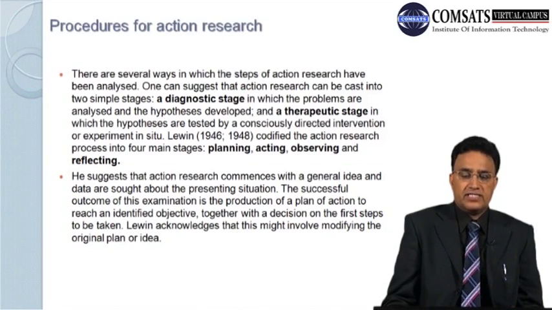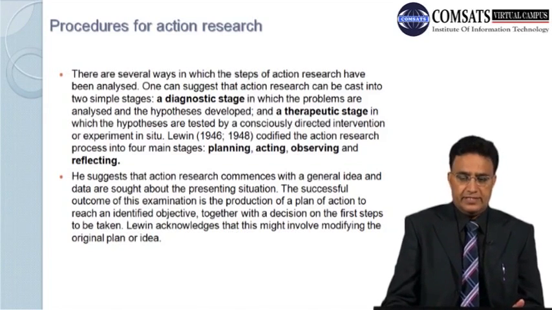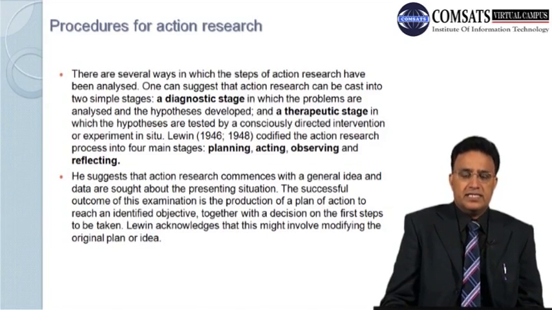Lewin codified the action research process into 4 main stages. What are those main stages? Stage number 1 is planning. Stage number 2 is acting. Stage number 3 is observing, and stage number 4 is reflecting. He suggests that action research commences with a general idea, and data are sought about the presenting situation.